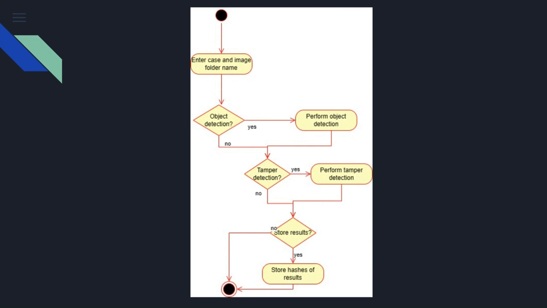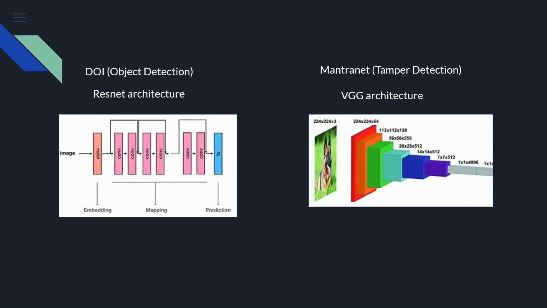These three parts can all be activated separately in our application. The two AI parts, object detection and tamper detection, are as follows. The DOI, object detection, uses a ResNet architecture with the skip connections, and the Mantranet uses a normal VGG architecture.